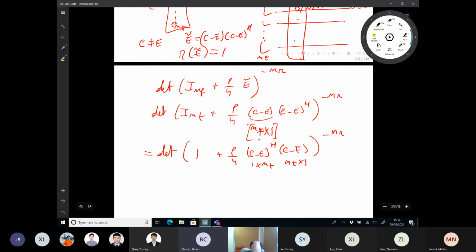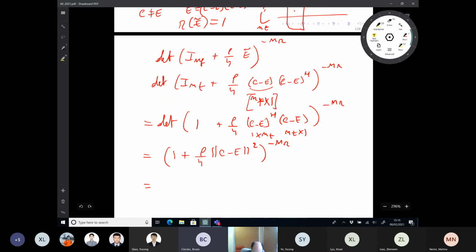What is the determinant of one scalar? It's just that scalar, right? Is 1 plus rho over 4. And here I have C minus E Hermitian multiplied by C minus E. So this is C minus E norm squared multiplied to the power minus NR. Okay.